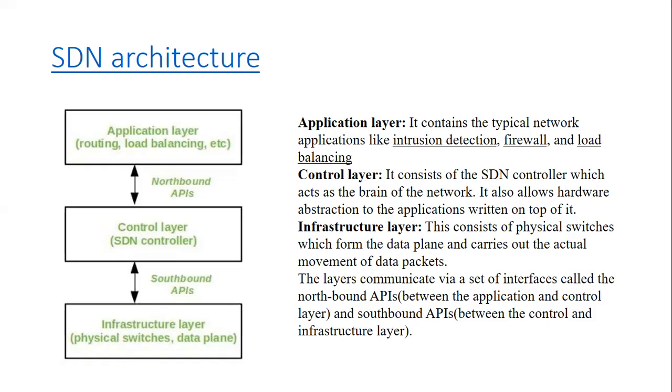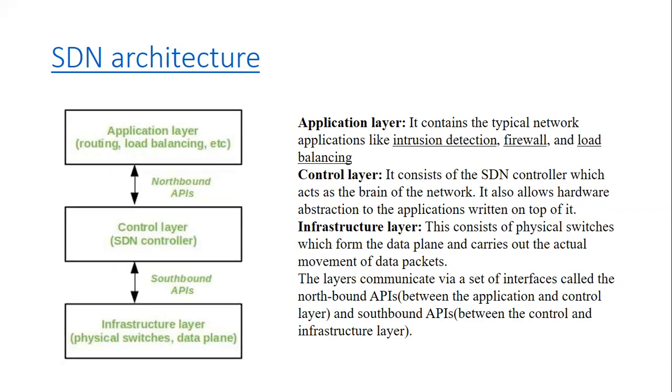The SDN controller is a part of this control layer, which is responsible for the communication, and this is the main part of the SDN architecture. Actually, this is the brain of the network. The third one is the application layer, and it includes routing, load balancing, all these tasks. It contains typical network applications like intrusion detection, firewall, and load balancing, etc.